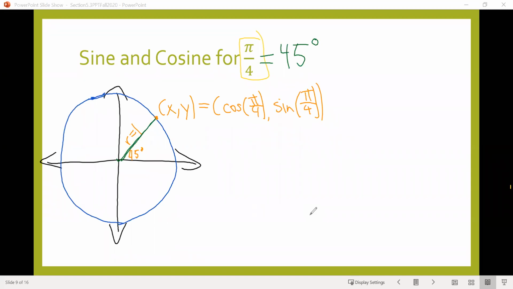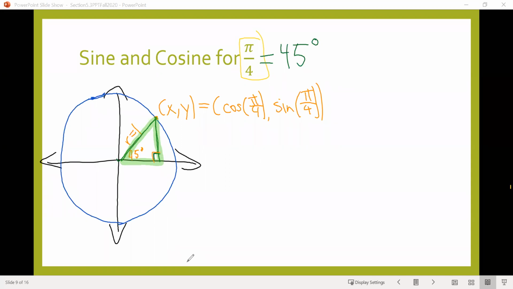Okay, now I'm going to drop a line down from that point at a right angle. Notice that this creates a right triangle in our picture. In that right triangle, we already have a 45-degree angle and a 90-degree angle.